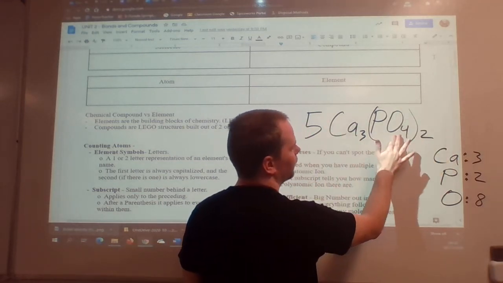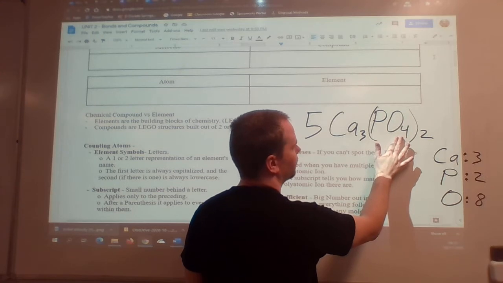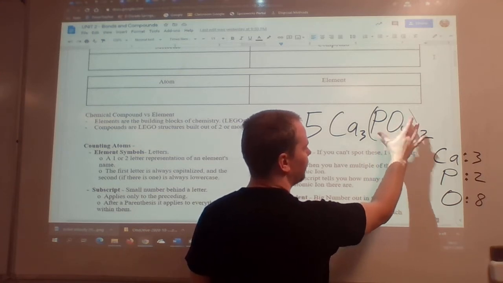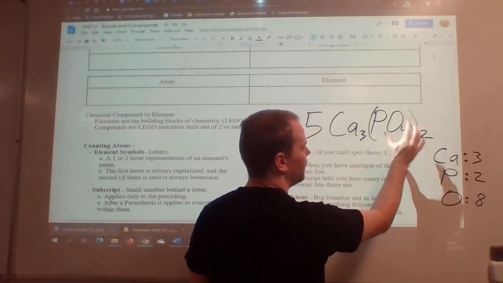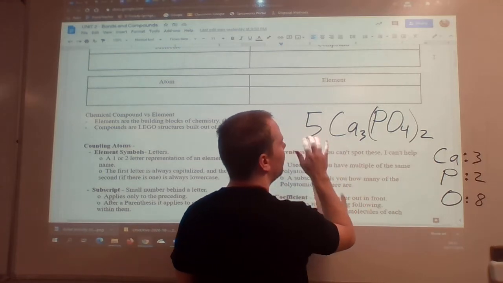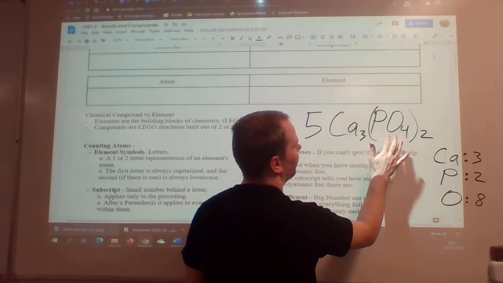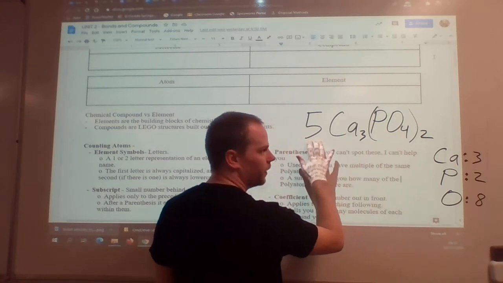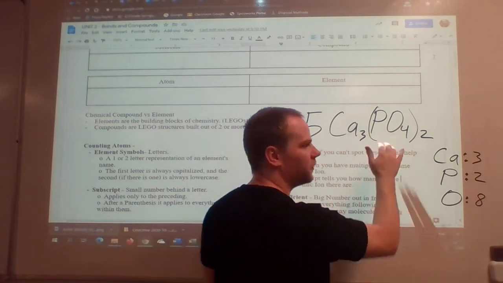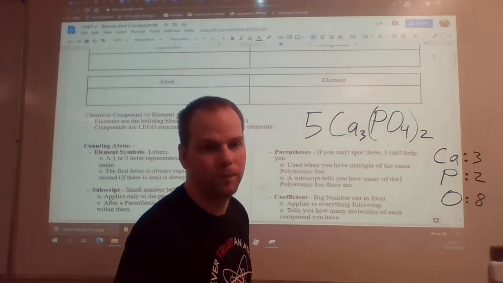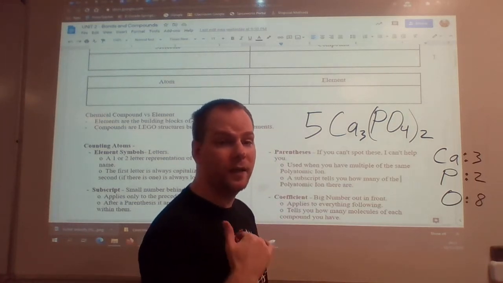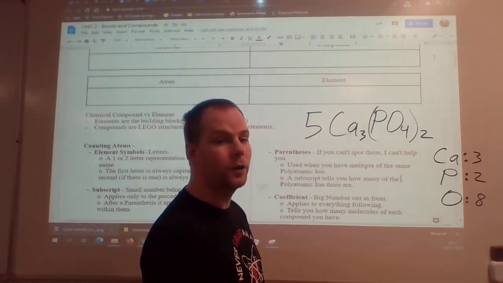This 4 tells us there are 4 oxygens in this piece, and this says there are 2 of these pieces. The 5 tells us that there are 5 of this entire thing. This is calcium phosphate, so the 5 says we have 5 calcium phosphate molecules present. So we have to take everything times 5 to get our total number.